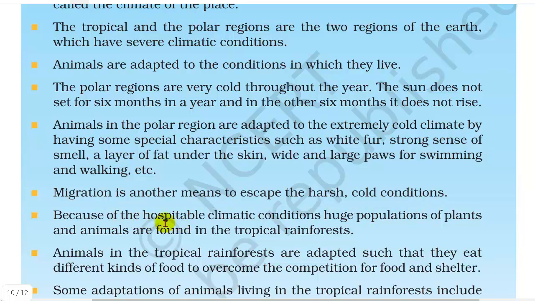Because of the hospitable climatic conditions, huge populations of plants and animals are found in the tropical rainforest. Animals in the tropical rainforest are adapted such that they eat different kinds of food to overcome the competition for food and shelter.